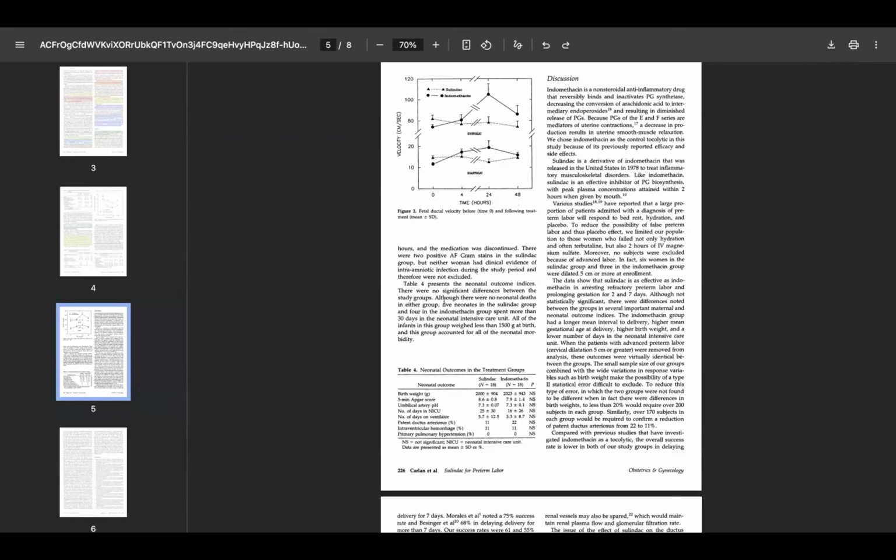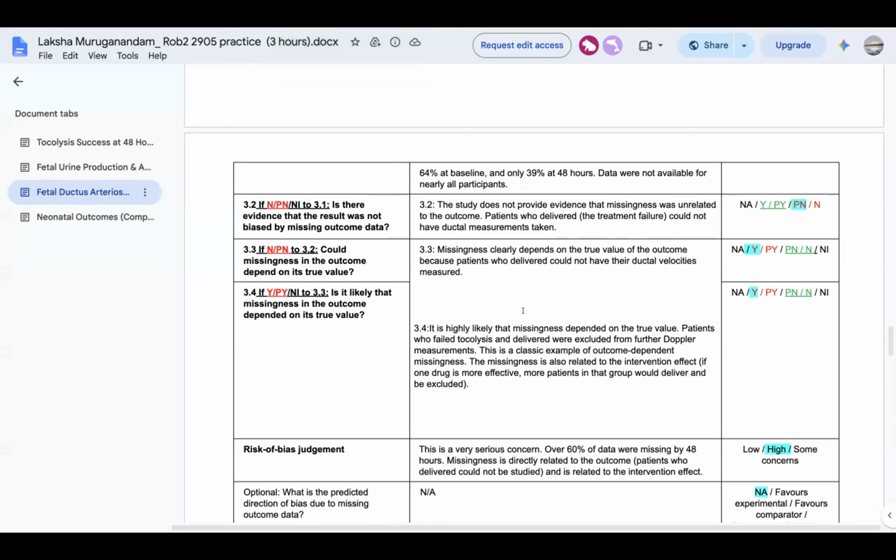And the fact that they included those women is probably one of the causes for the missing data, and that if the women gave birth, then you can't measure more because the baby's already out. Yeah, so for 3.3, we're going to go with yes.